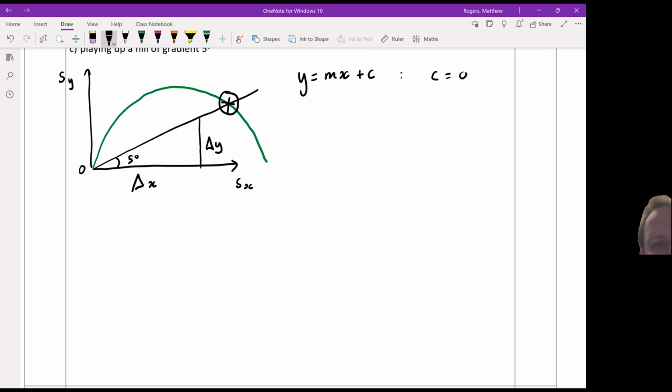If we were imagining this as a bit of trigonometry, though, with triangles, we could say that the change in y over the change in x is the same as tan 5, because tan is opposite over adjacent. So the gradient m, which is equal to the change in y over the change in x, is just equal to tan 5. So the equation of my line is actually that y is equal to tan 5 times x.